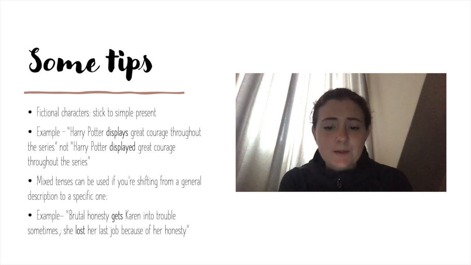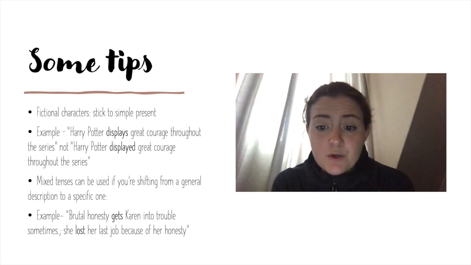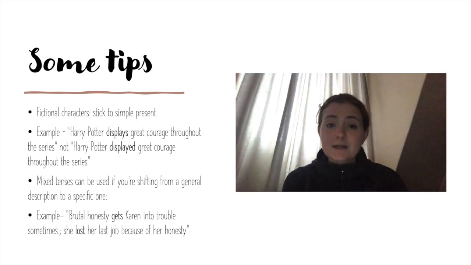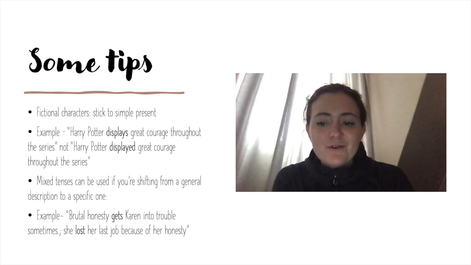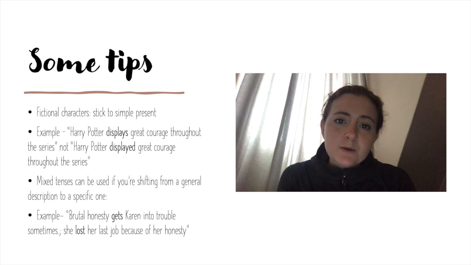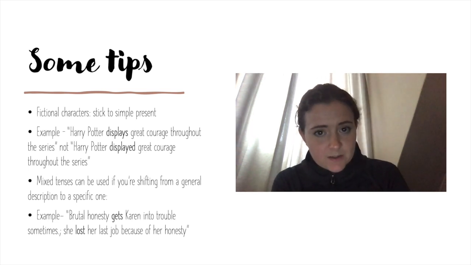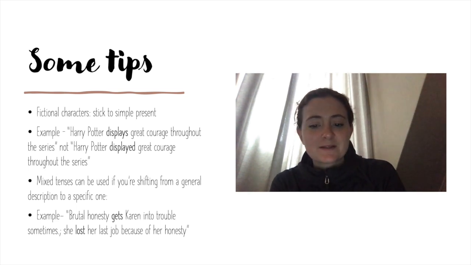Okay, the next one. Mixed tenses can be used if, so always an exception in English, if you're shifting from a general description to a more specific description. So for example, brutal honesty gets Karen into trouble sometimes. She lost her last job because of her honesty.